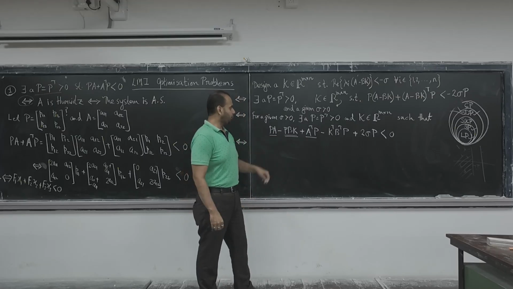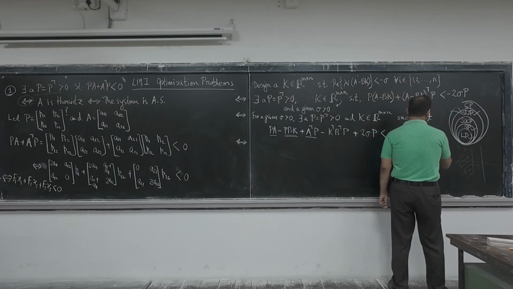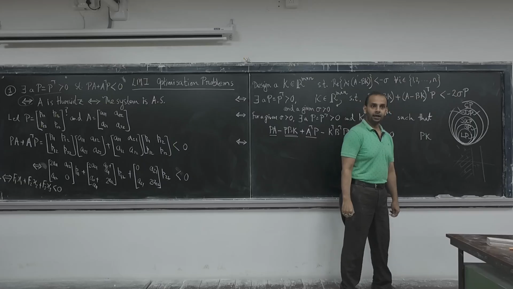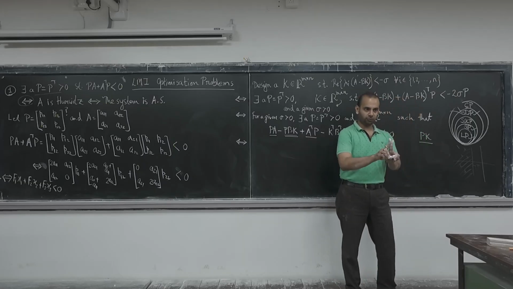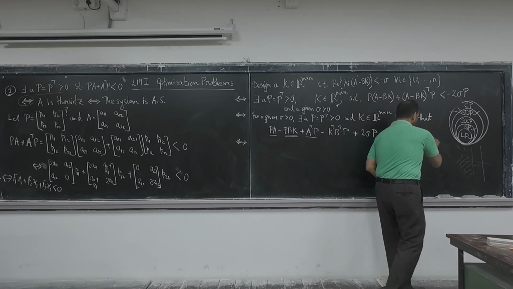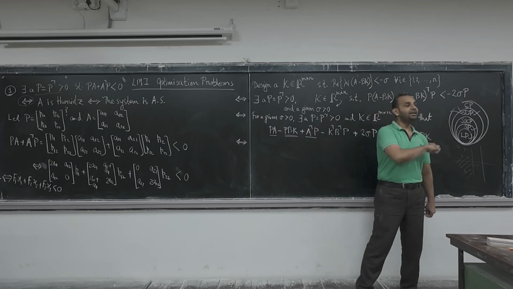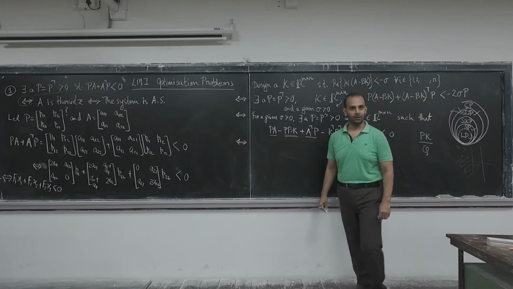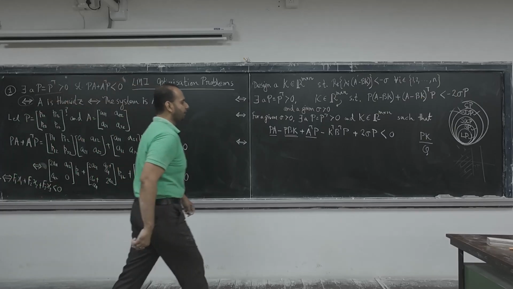Suppose these two unknown terms P and K had appeared sitting next to each other, then you could have clubbed them into a single variable Q, and then it could have been a new LMI variable, right? Last day I explained exactly this, but today we are revising it once more.